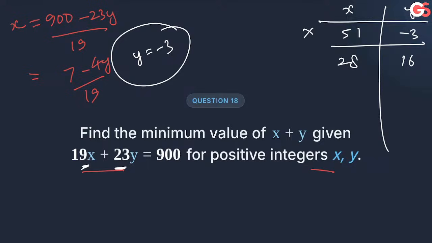Now I want you to tell me whether you are comfortable with this or not. Because I got my answer quickly with -3, I wrote it down. In the end, all I will do is decrease this by 23 and increase this by 19. So ultimately if I get one possibility, everything else will fall into place.